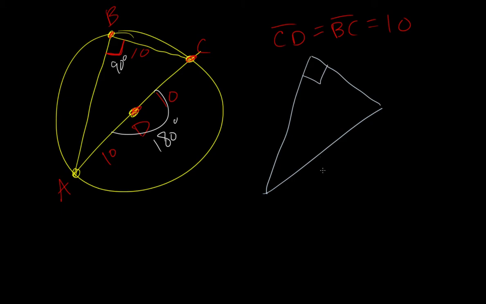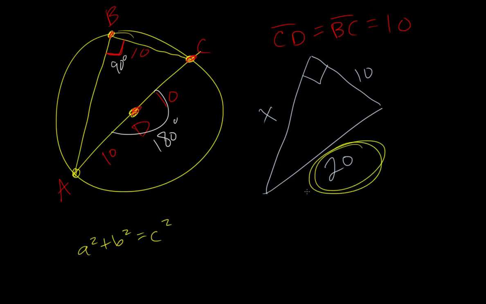Now we can pull this out if we want to, and just think of it. So we write, this is 20, this is 10, and we're trying to find x. So we can just use the Pythagorean theorem. We can say a squared plus b squared equals c squared, the important one being, this is my c. So x squared plus 10 squared equals 20 squared, which gives me x squared plus 100 equals 400.